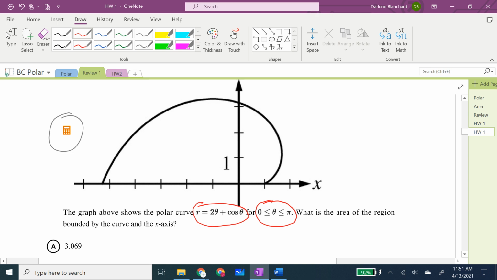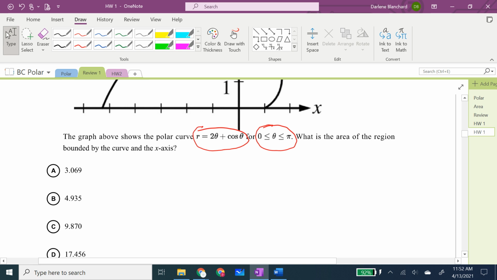So you've got to remember, what is that formula? Can everyone just think in their head, what is the area formula for polar? And hopefully you just thought 1/2 r squared d theta.